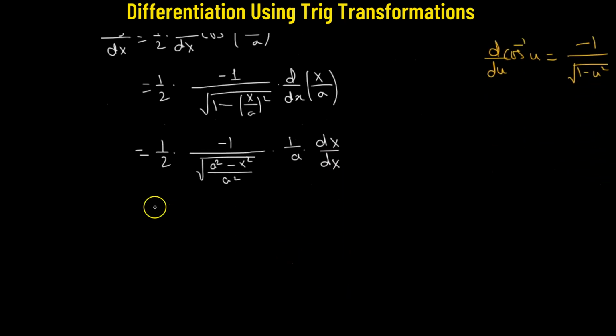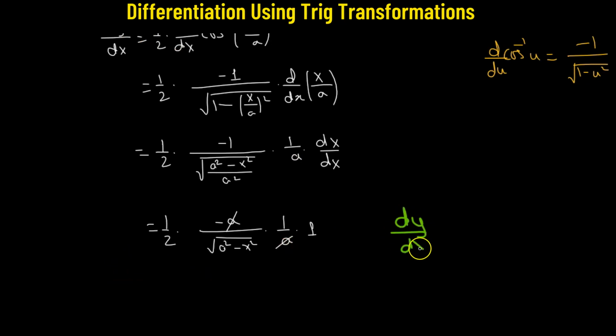Further simplification will now give us half multiplied by negative a divided by square root of a squared minus x squared, multiplied by 1 over a times the derivative of x with respect to x, which is 1. So this a and a get cancelled, and our final result is that the derivative of y with respect to x is given by negative 1 divided by 2 times square root of a squared minus x squared.